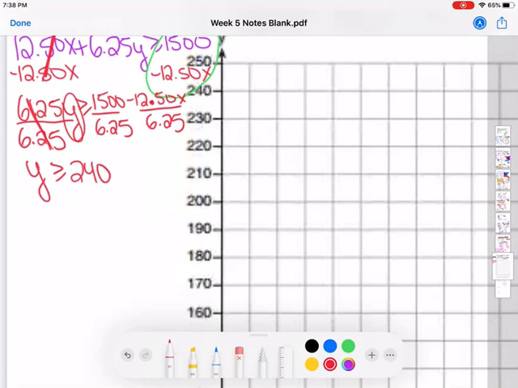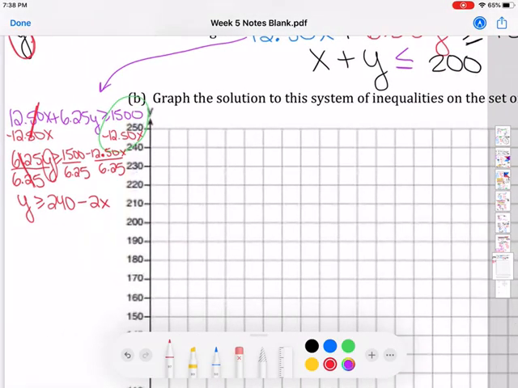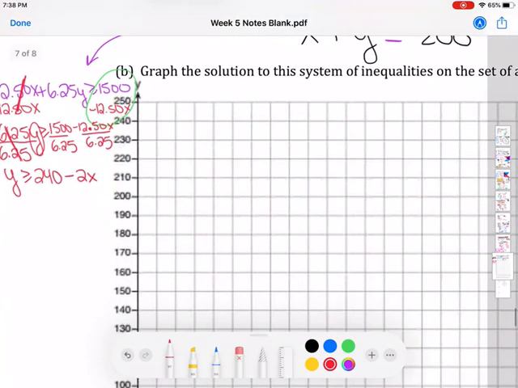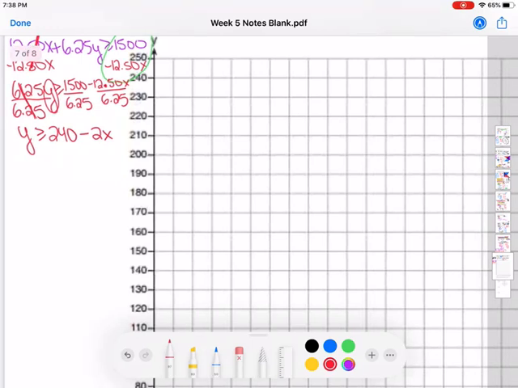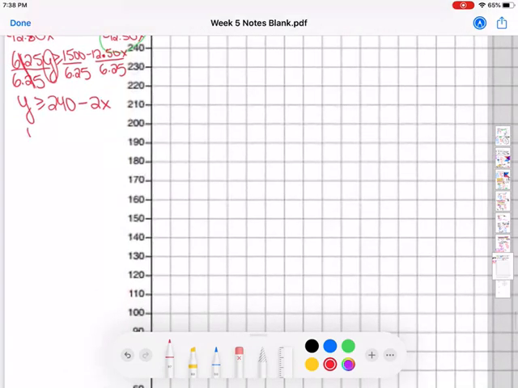Plug it in your calculator if you need to. It's 240. And negative 12.50 divided by 6.25 is just a negative 2, and the x comes down. This equation is so much nicer than the original one we wrote for sure. But you have to write that original to start because you use the information that was given to get it.